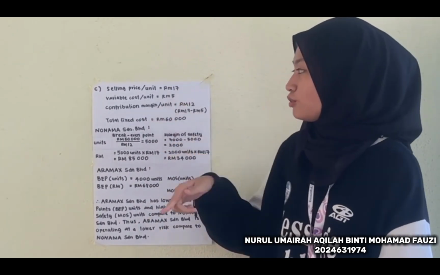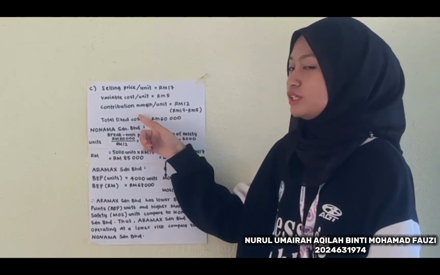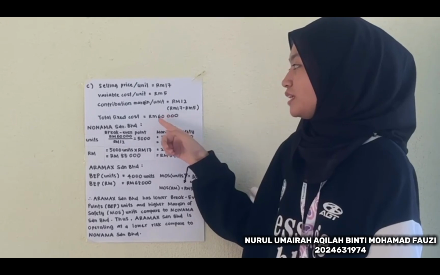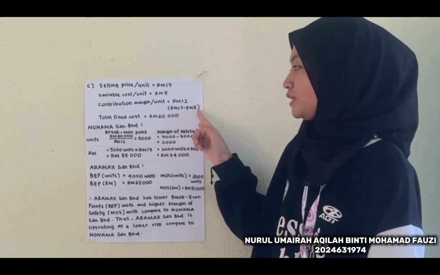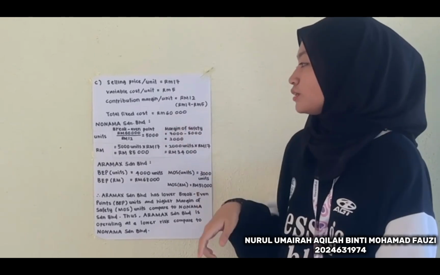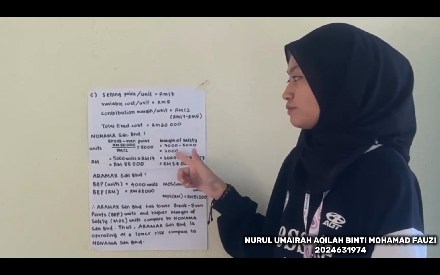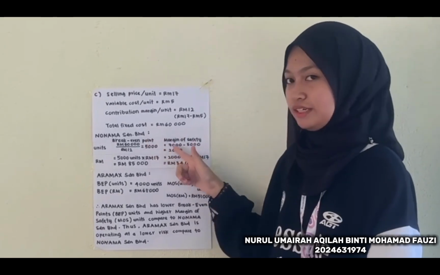So for question C, the given items are selling price per unit 70 ringgit and variable cost per unit 5 ringgit. From these two items, we can find contribution margin per unit, which is 70 ringgit minus 5 ringgit. The given total fixed cost is 60,000 ringgit. So from these items, we can find break-even point and margin of safety for Nonama Sdn Bhd.